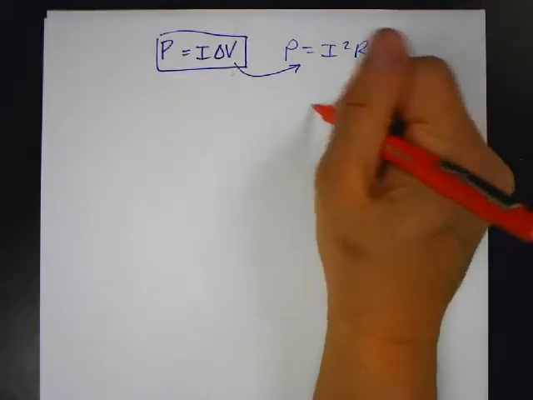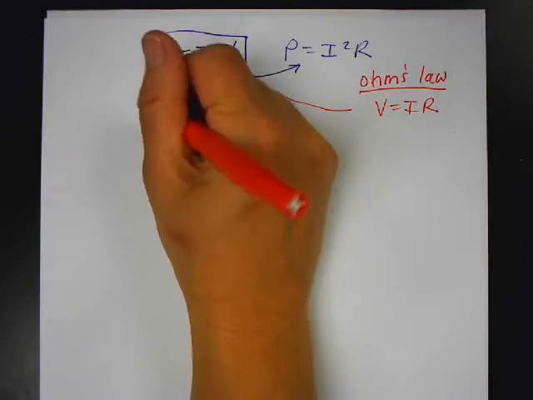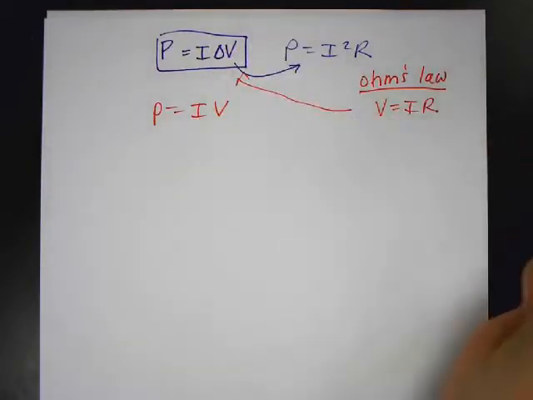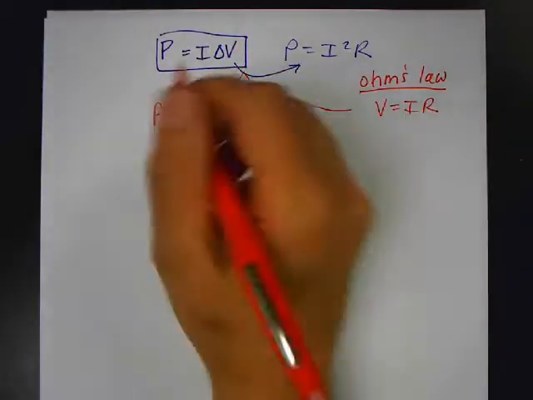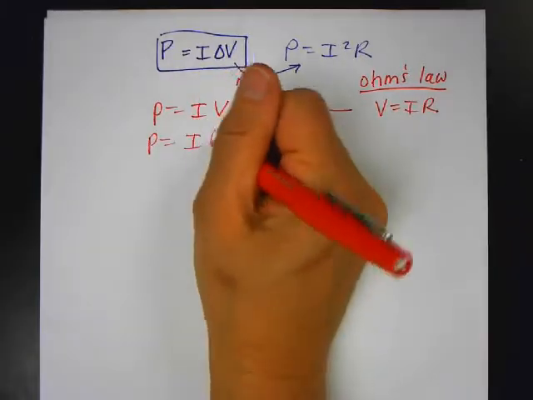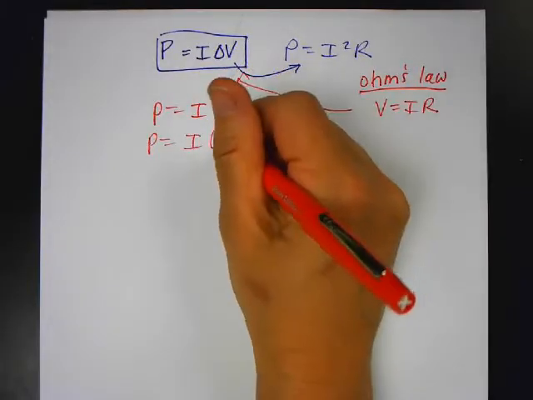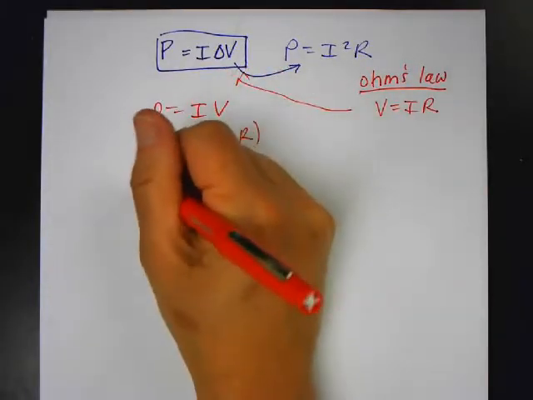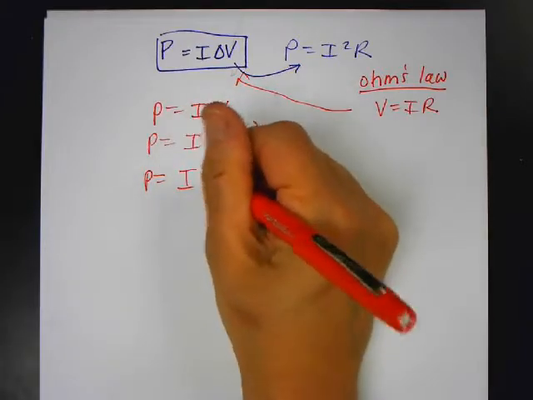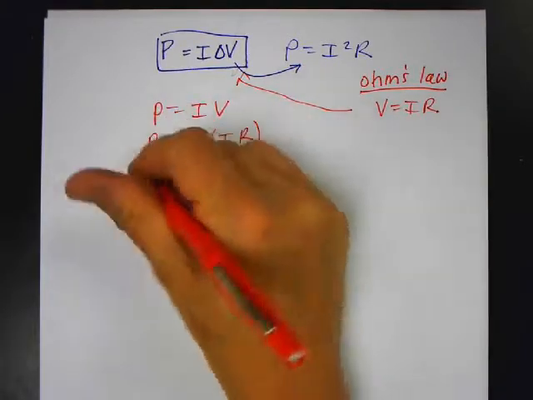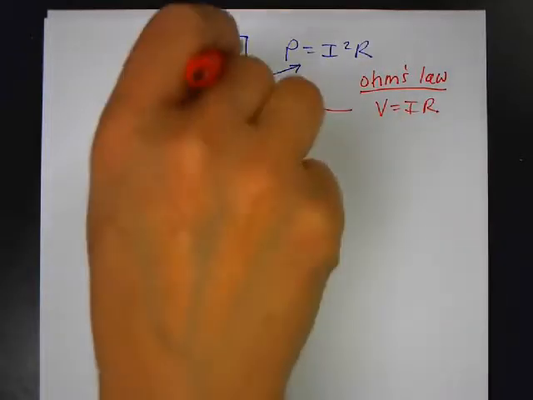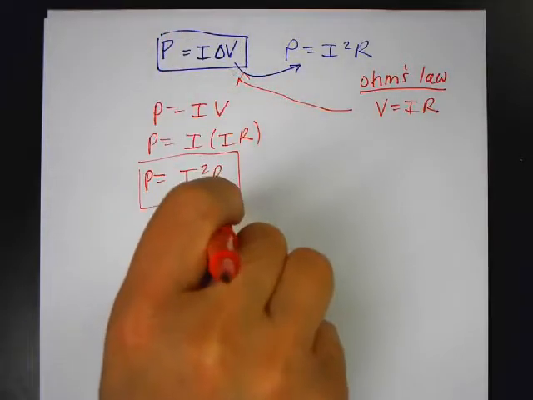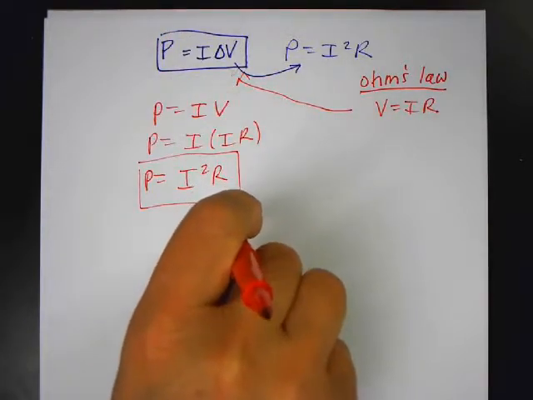So if I go back to P equals IV, and I know that V is equal to IR, if I put IR in for V, then I get P is equal to I squared R. Okay? So power can be IV, power can be equal to I squared R.